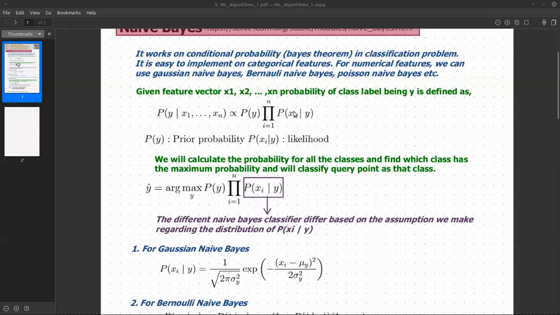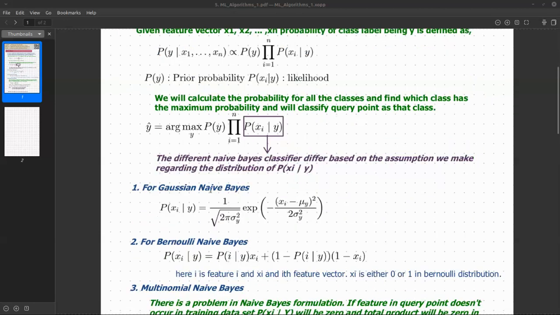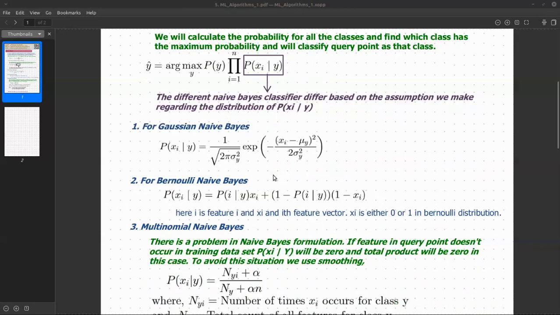If my xi is distributed Gaussian, then it's Gaussian naive Bayes: 1 upon sigma root 2 pi, sigma y square, so this is variance, and 1 by 2. I guess this formula is wrong, right? It should be exponential minus 1 by 2. No, it's fine. Yes, yes. Xi minus mu divided by sigma, whole square. Okay, we can write it this way also.